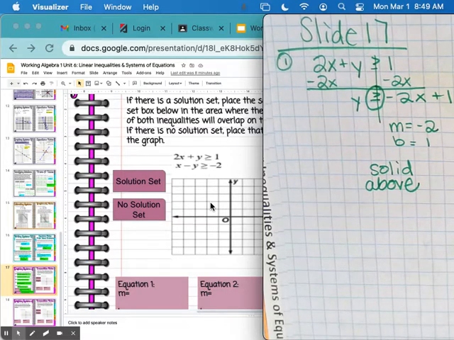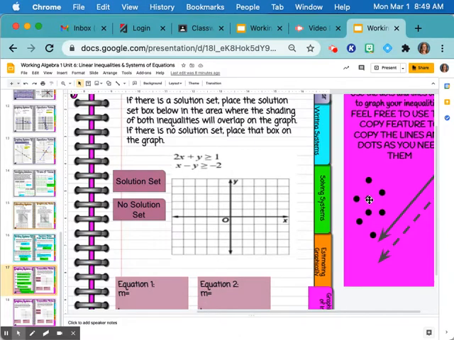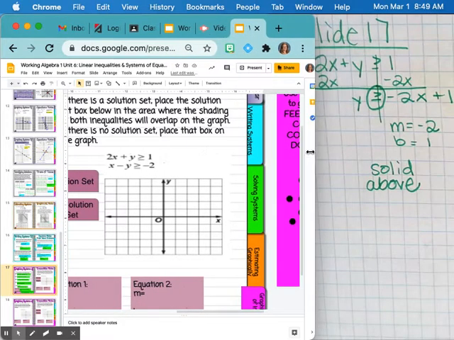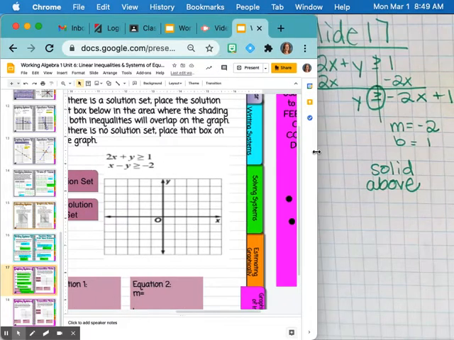Okay, so let's do that on this graph on the computer. I need a point. All right, so my y-intercept is 1. So grab a point, put it on 1. And then our slope is down 2 over 1.